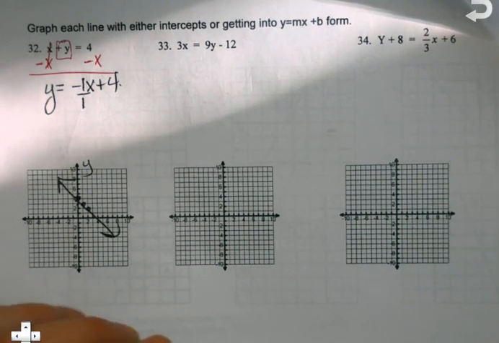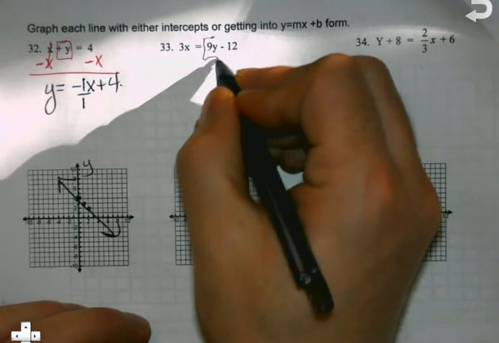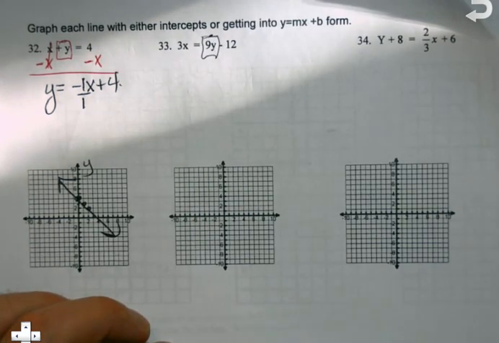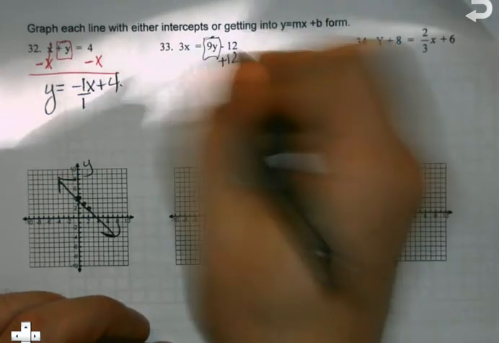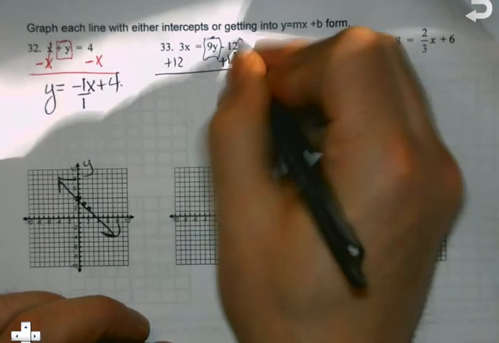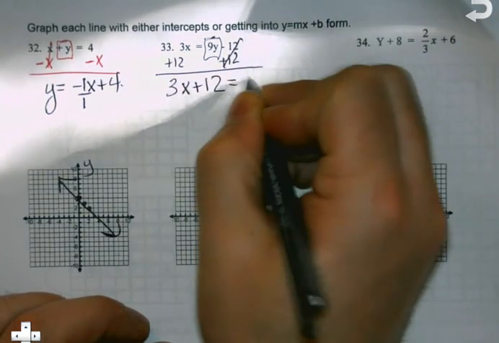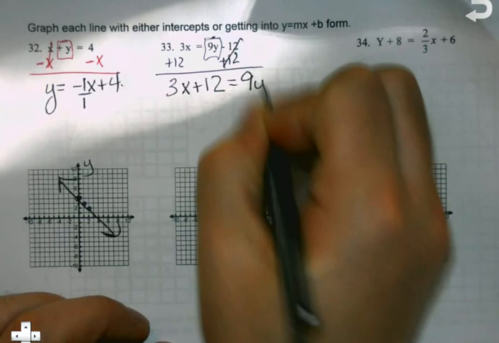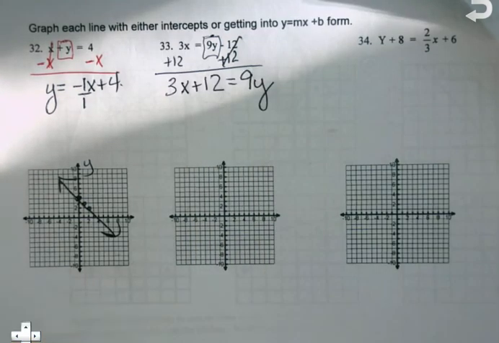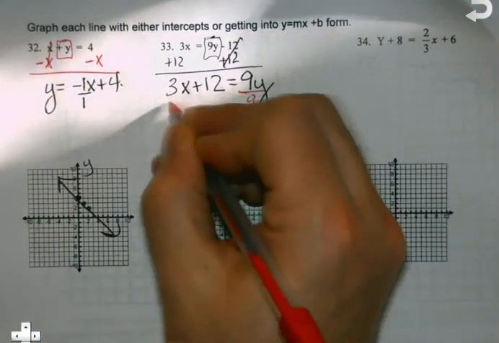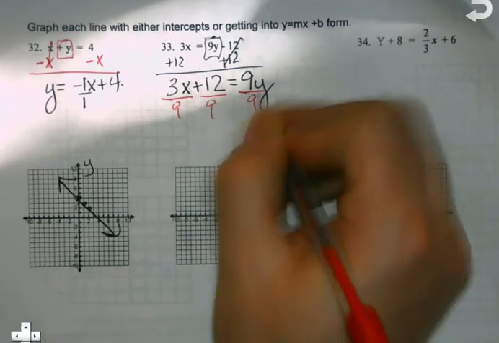Good. I was going to say, in 33, since I'm trying to get y alone, plus the 12, plus the 12. We're going to end up with a lot of things in fraction and decimal form here.